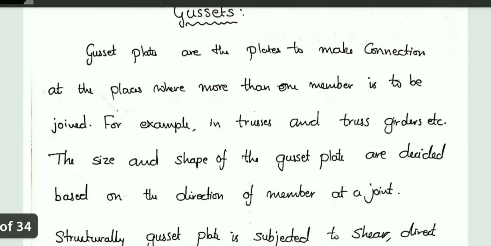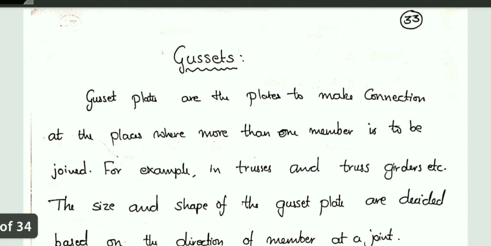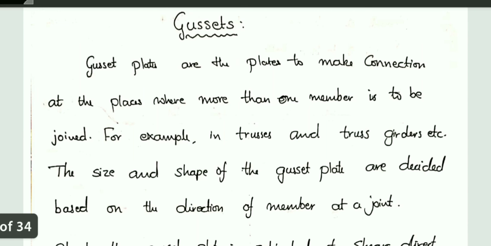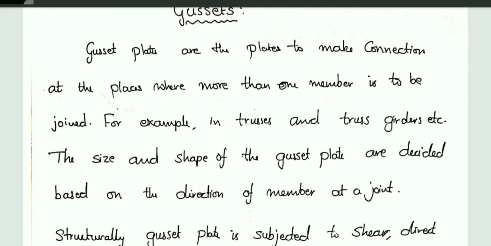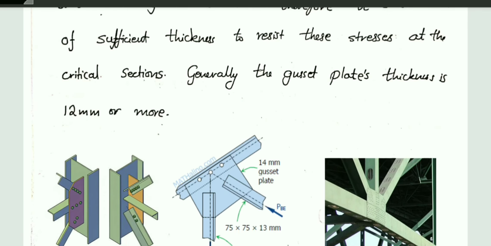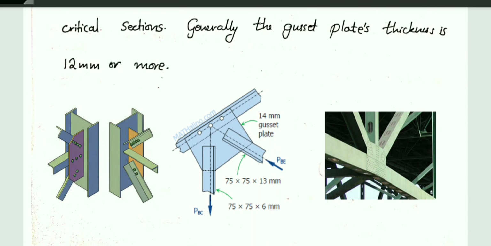This is the design of tension splices. Next, the last one here, gussets. A gusset plate, if you consider a roof truss, you can see in this figure, is an intermediate connection.